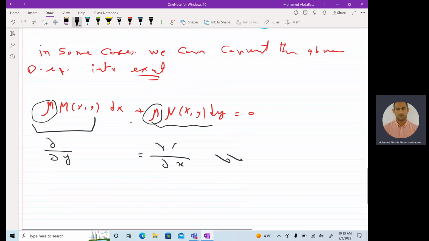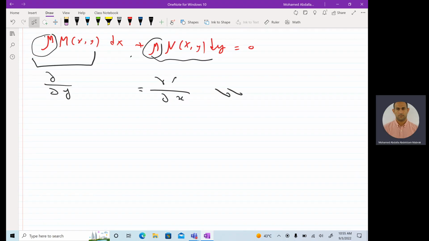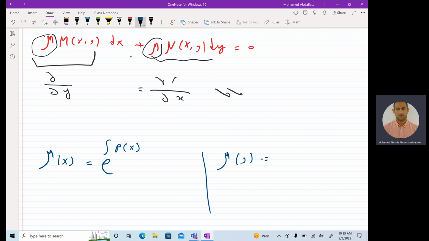But the issue is how we can find mu. If there is a mu, it can be a function only of x, e to the power integral of b of x, or a function only of y, e to the power integral of b of y.